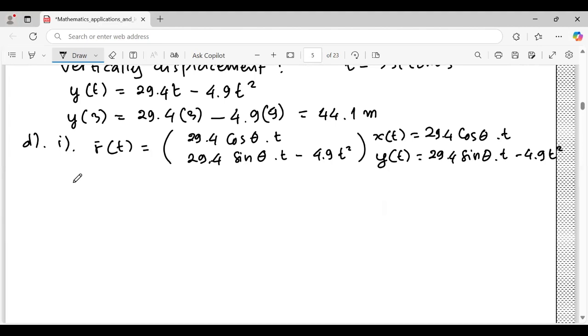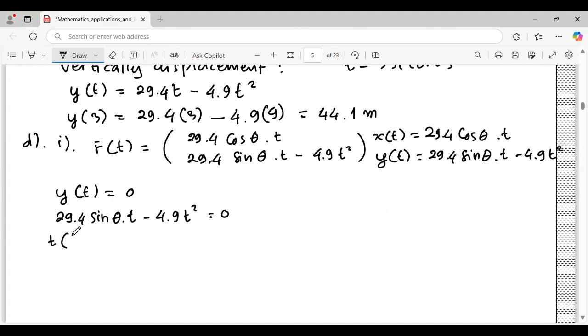When the T-shirt hits the ground, it means y(t) equals 0. So this equation becomes 29.4 sine theta times t minus 4.9 t squared equals 0.